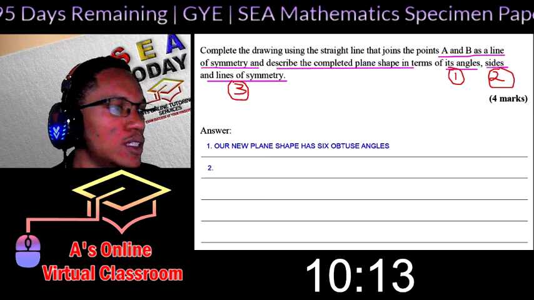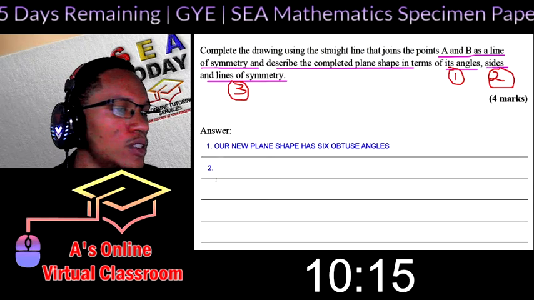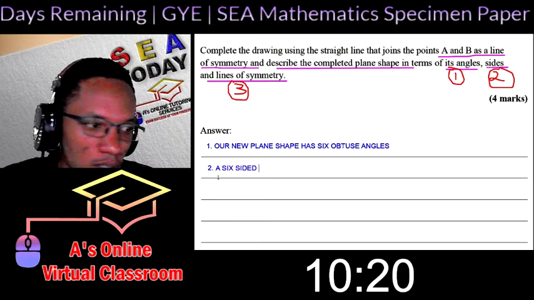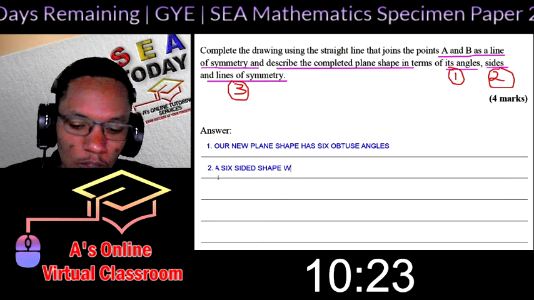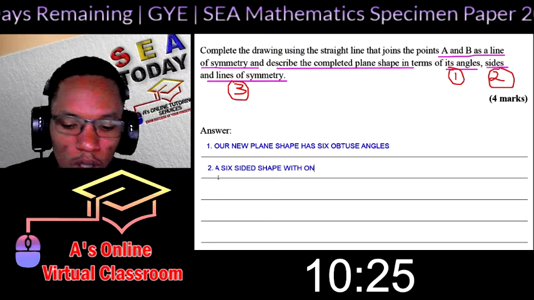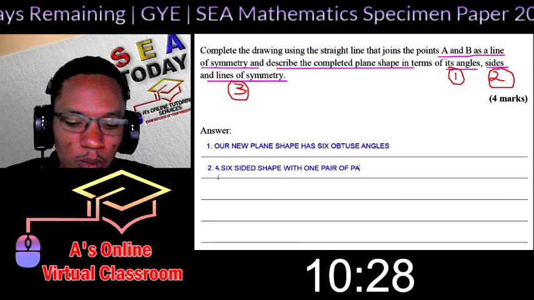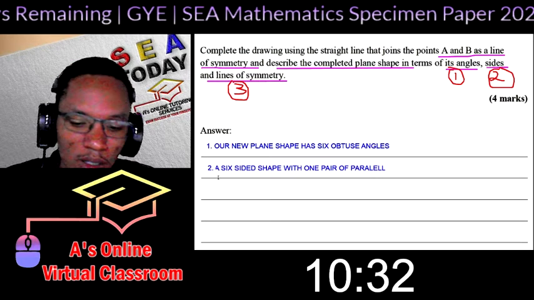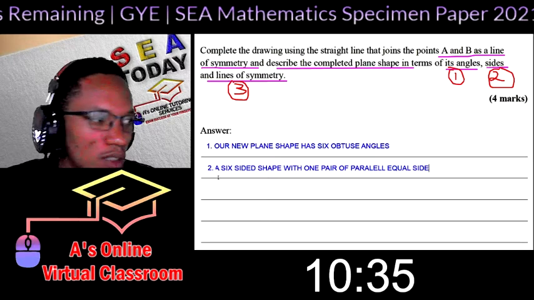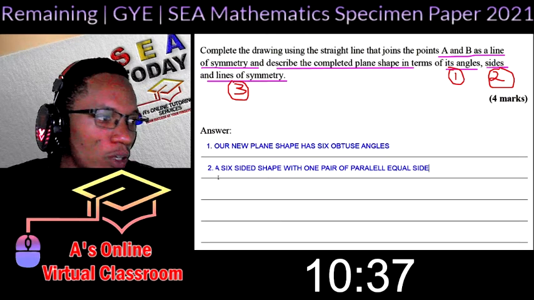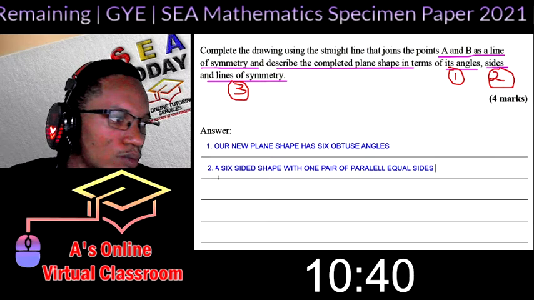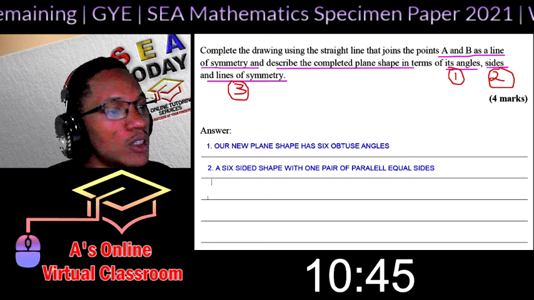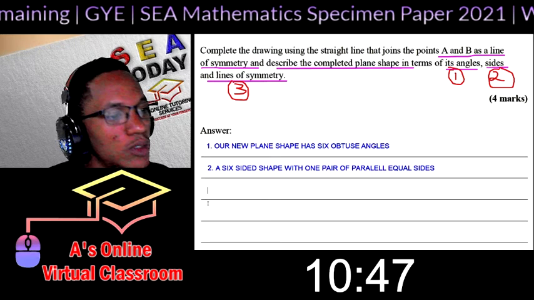So let's see, we can say for the sides it is a 6-sided shape with 1 pair of parallel equal sides. 1 pair of parallel equal sides. Yeah. Alright. And last but not least, I want us to talk about the lines of symmetry.